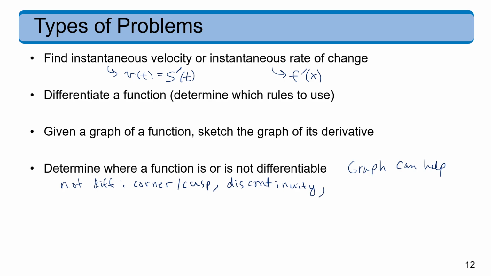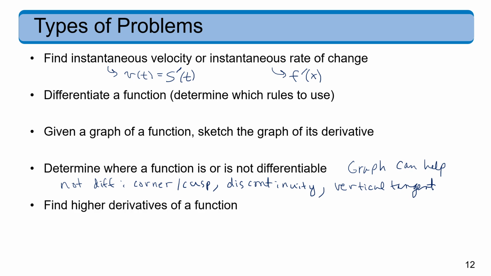And then the third was if you have a vertical tangent. Okay, so if you see any of those situations in your graph, whatever the x-coordinate is associated with those features, it would not be differentiable at that x-coordinate.